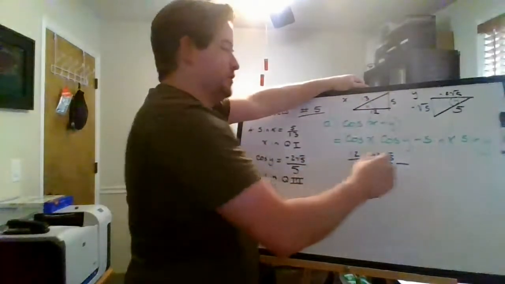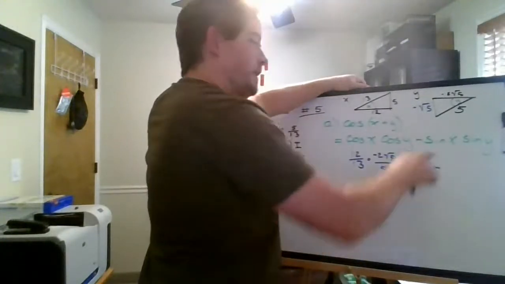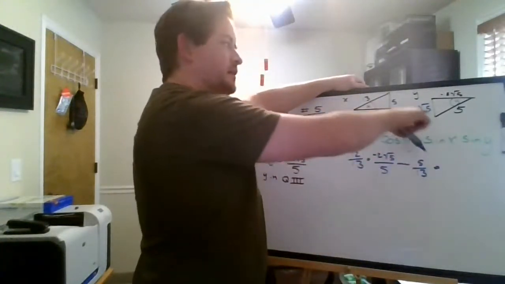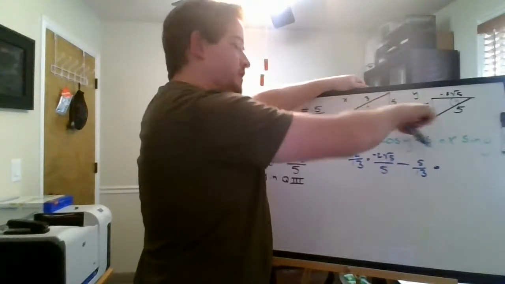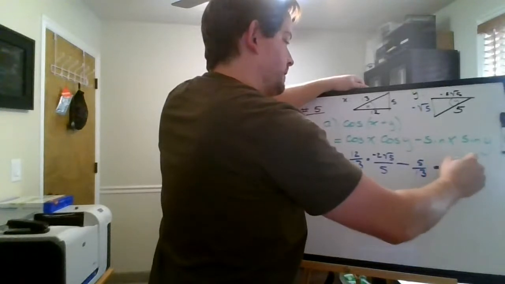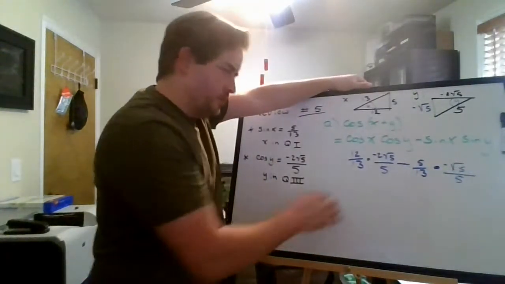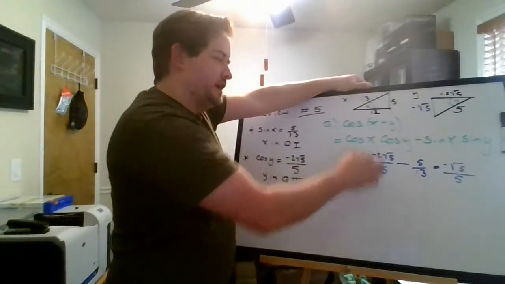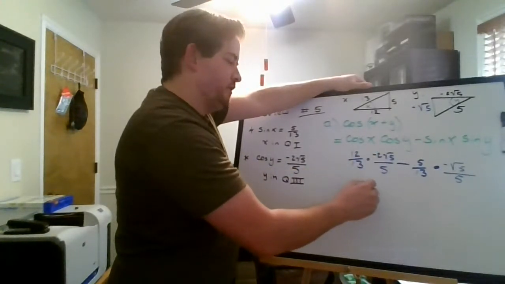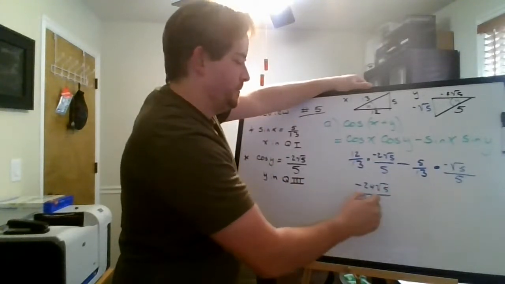That is a 5 over 13 times the sine of y, and the sine of y is negative root 5 over 5. So if I multiply these two together here, that gives me negative 24 root 5 over 65.